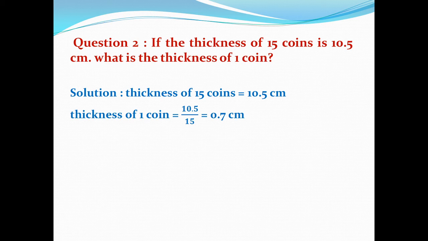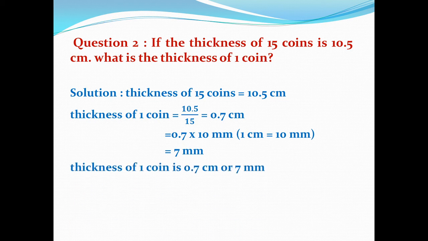If you want to convert into millimeter, then you will multiply 0.7 by 10, that is 0.7 multiply 10 millimeter. Why? Because we know that 1 centimeter is equal to 10 millimeter. So 7 millimeter. You can write thickness of coin is 0.7 centimeter or 7 millimeter.